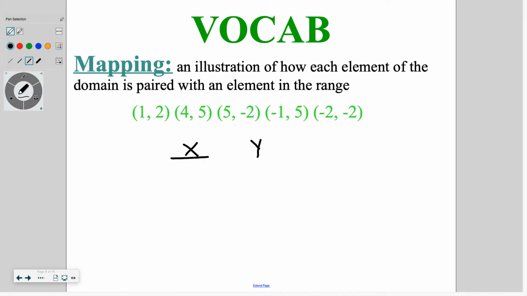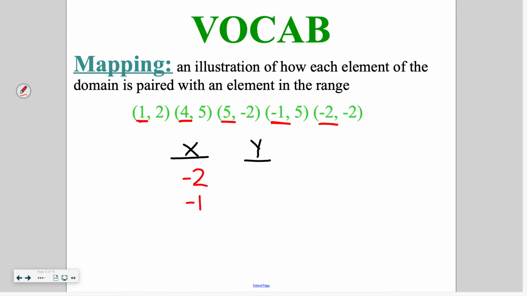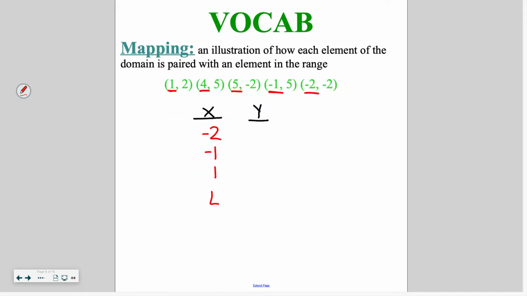When you do this, you need to make sure that they are in order from least to greatest. So when we're looking at our x values, we've got 1, 4, 5, -1, and -2. So I'm going to start with -2, then go to -1, and then we've got 1 and 4 and 5.